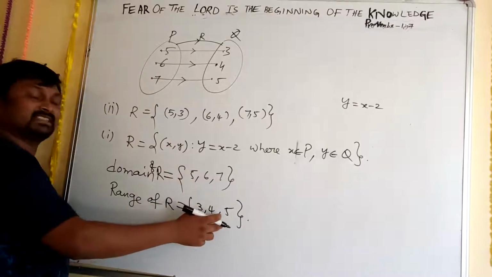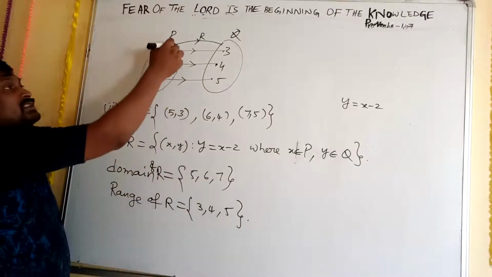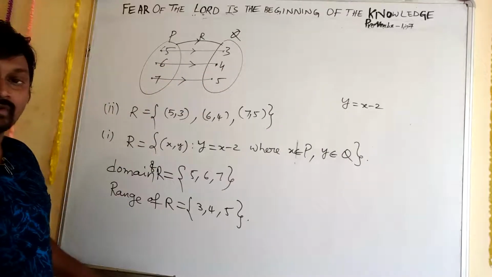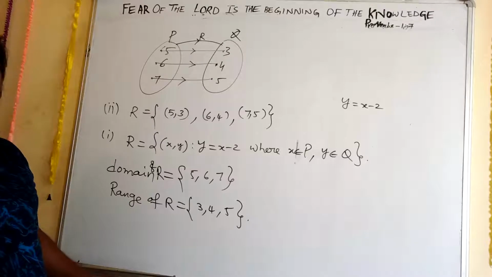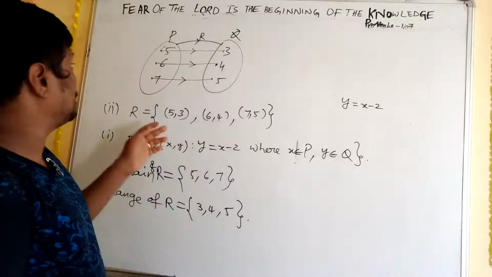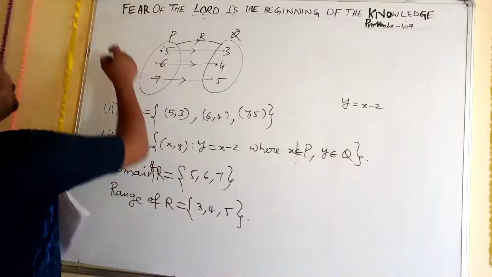Range of R is {3, 4, 5}. So this is your domain and this is your range. 5, 6, 7 is your domain and the range is 3, 4, 5. So that is about your problem number 4.